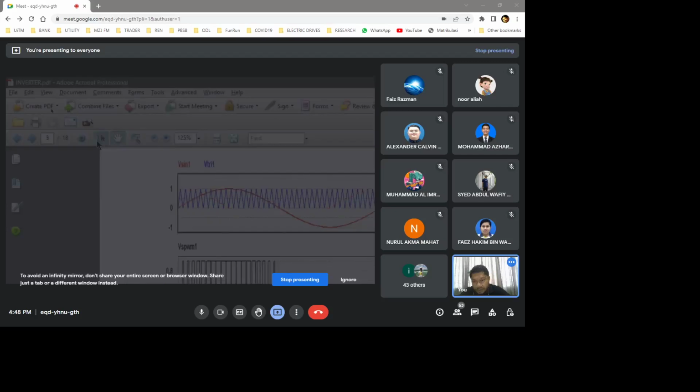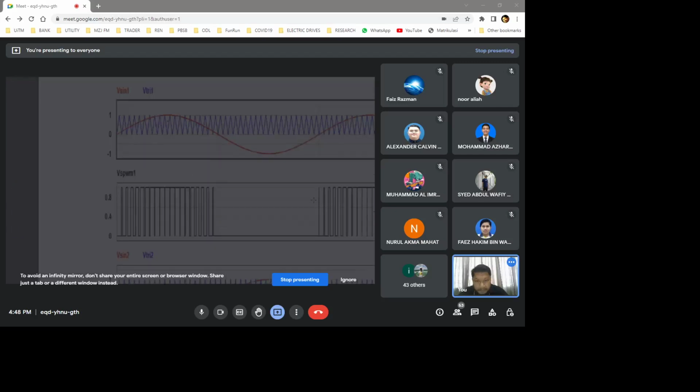Let's focus on this point. Here we have V PWM greater than the carrier signal from there to there.